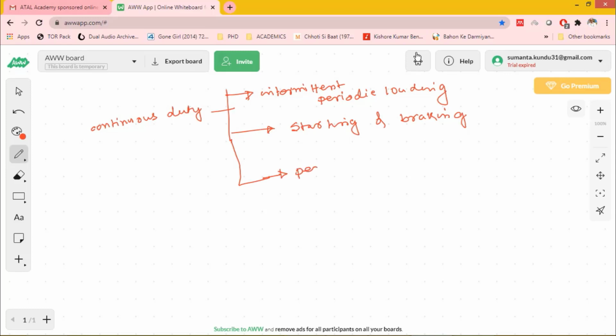So these are intermittent periodic loading, starting and braking, and periodic speed changes.